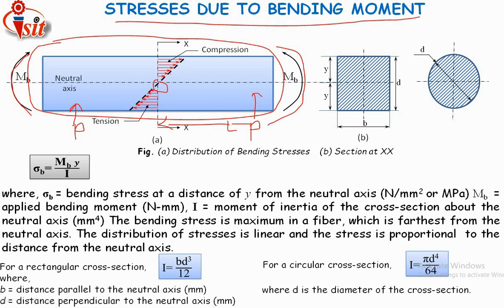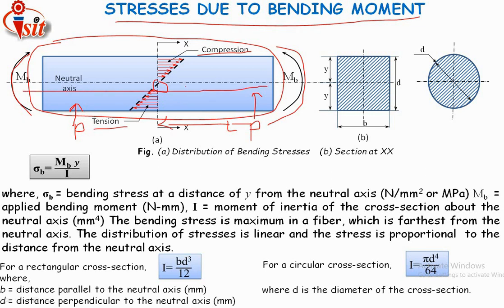This is the distribution of bending stress. The stress will be minimum at the neutral axis, where there is no stress. Now when this type of stress occurs, the upper portion will be under compressive stress and the lower portion will be under tensile stress, because the shaft moves in the upward direction from both sides.